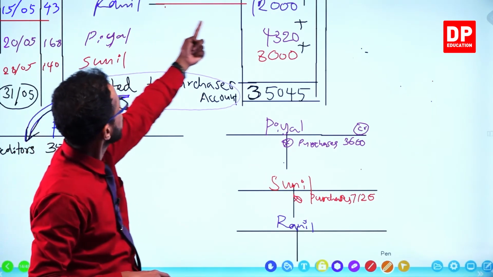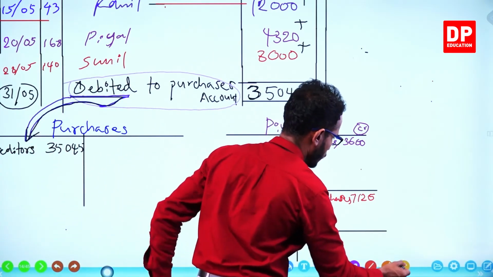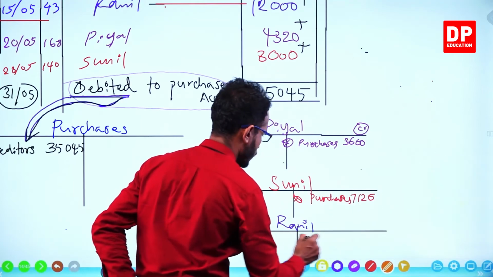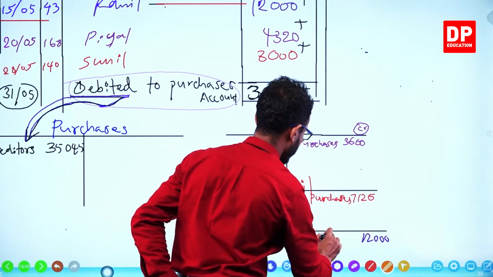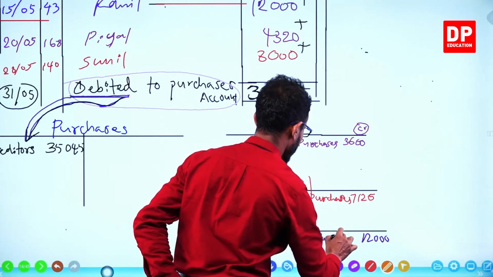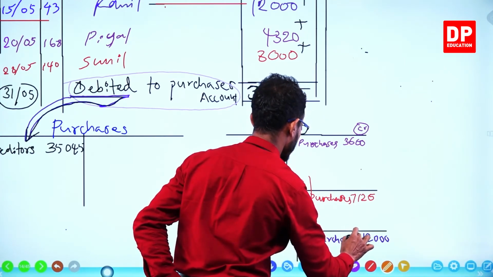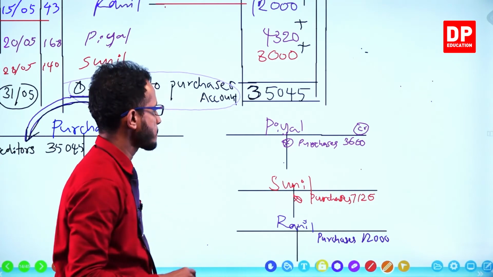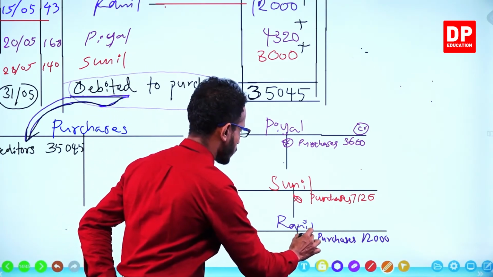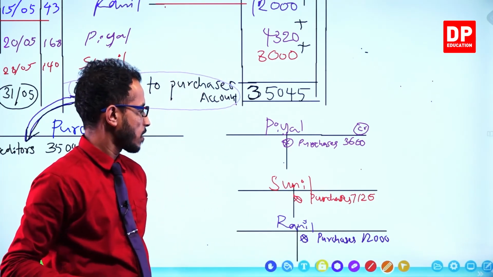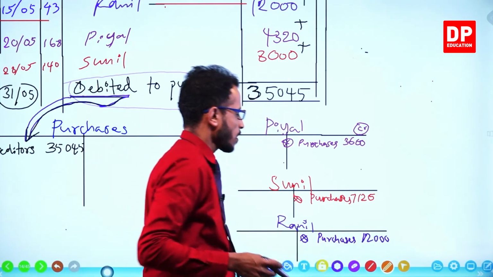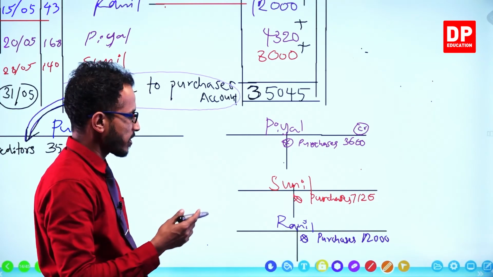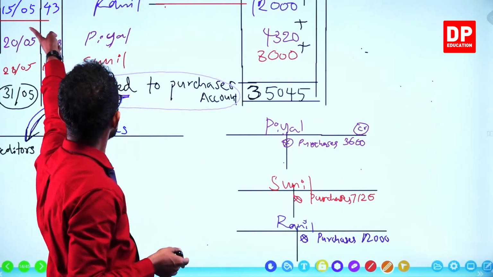Ranil's account, 12,000 credit. Purchases. That's it. Date should be that.